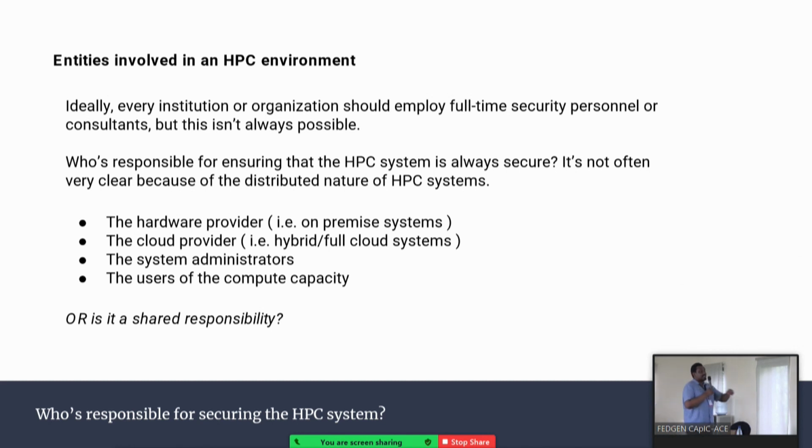And the entities in question are the hardware provider for on-premise situations, the cloud provider, people like Google and Amazon, the system administrator, which is you, and then the users of your compute. So who is much more in charge of ensuring that everything is secure? In what percentage?